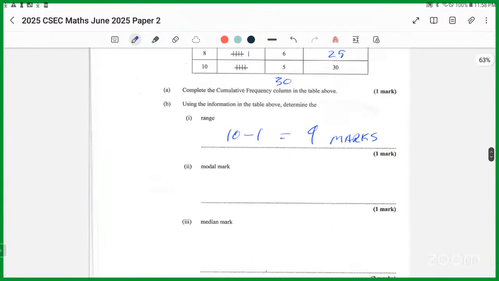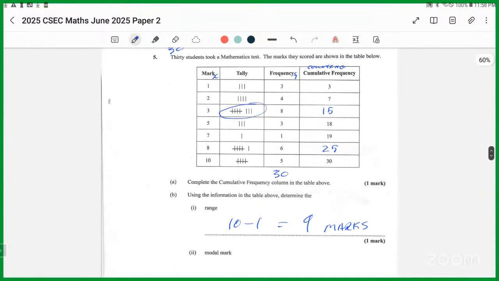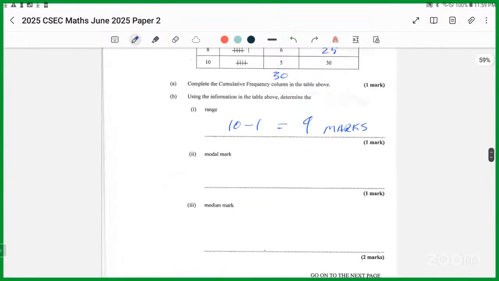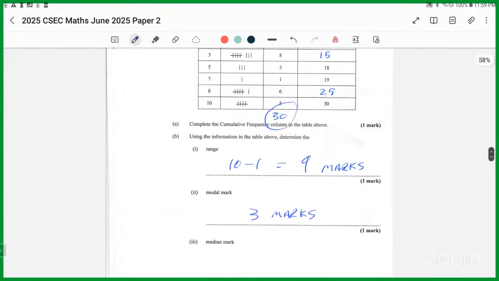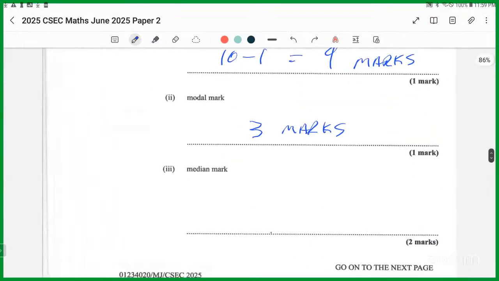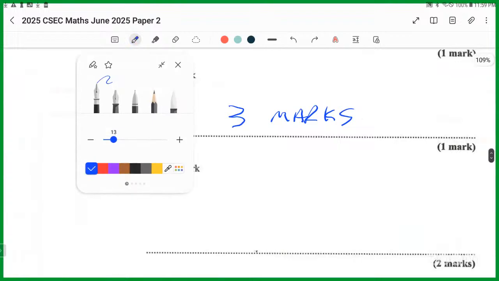The modal mark corresponds to the highest frequency, the one that occurs the most. You can see it in the tally here. It's the longest tally. So 3 marks is the modal mark. The median mark is the one in the middle of the 30. We can remember the formula for the position of the median.